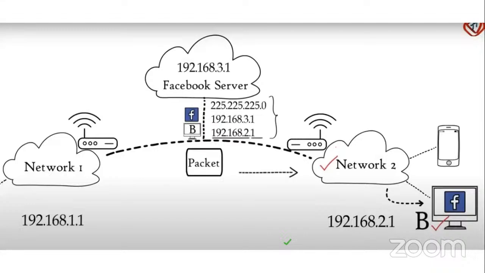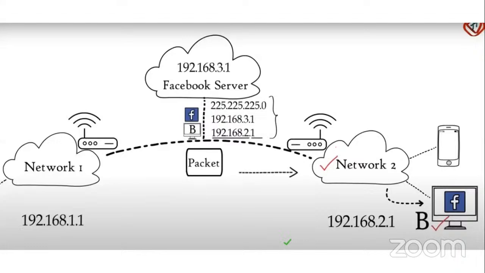That system is B. What would be the IP address of this mobile in network 2? Its IP address will be 192.168.2.2. If one more system is connected to network 2, its IP address will be 192.168.2.3.